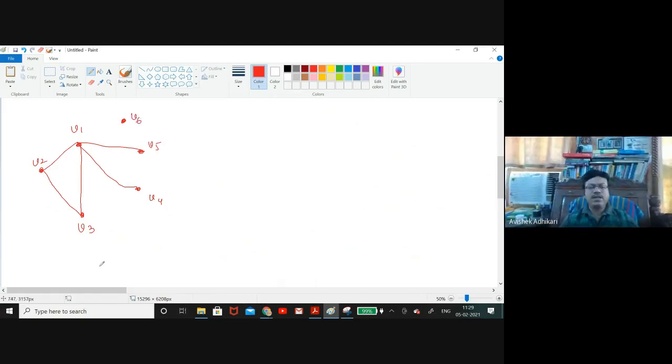Now tell me whether this graph is connected or not. Somebody please tell me. Sir, this graph is not connected. Very good, so this is not connected. So now you all have some intuitive idea of the connectivity of a graph. Can somebody try to explain, using the edges and vertices, what should be the definition of connectedness of a graph?